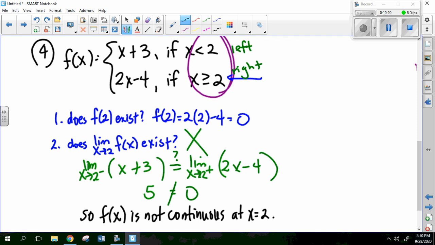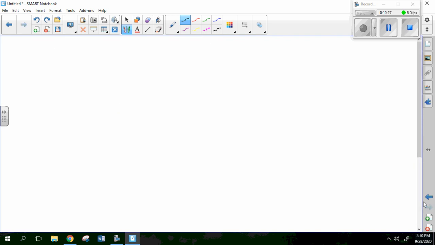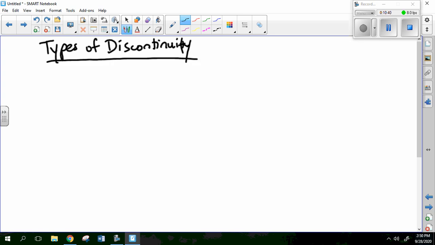All right, we're going to keep on rolling with some types of discontinuity. There technically are two types of discontinuity: essential and removable.